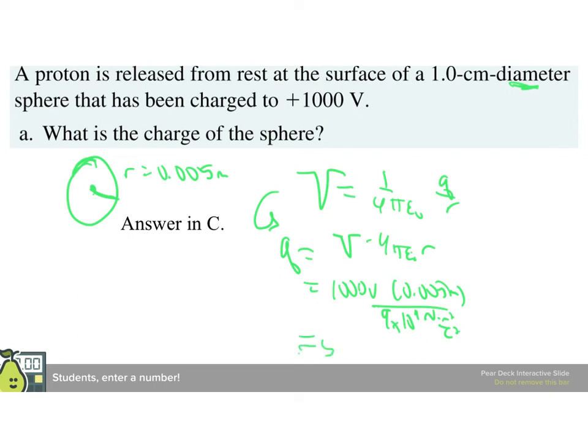If you work all of that out, you get 5.6 times 10 to the minus 10. We have joules per coulomb for the volts, and then this is 1 over joules per coulomb squared. So it all turns out to be coulombs, as expected. So that's our answer.